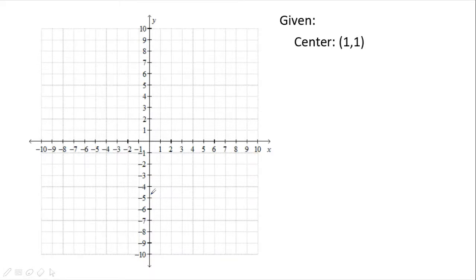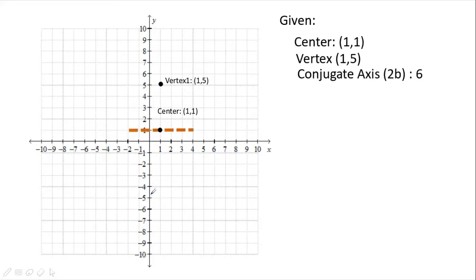Again, our given center is 1, 1, vertex is 1, 5. We will plot the points for us to visualize all the given. Conjugate axis is denoted as 2b, so 6.